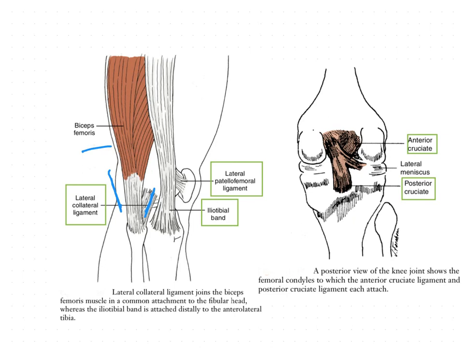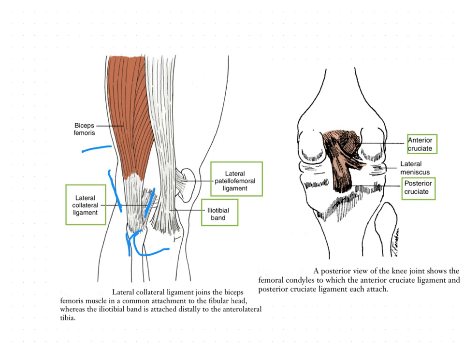The primary role of this ligament is to resist varus stresses, and its orientation enables it to limit excessive lateral rotation of the tibia also.